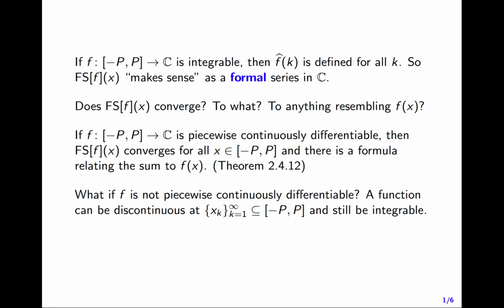If you're discontinuous at infinitely many points, you can't be piecewise continuously differentiable per our definition, so theorem 2.4.12 doesn't apply to you. But it's still possible, though not always guaranteed, that when you're discontinuous at infinitely many points, you're still integrable. So that means your Fourier coefficients are still defined, you still have a Fourier series.